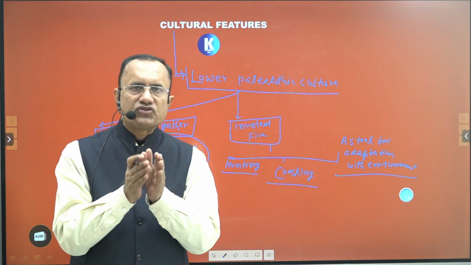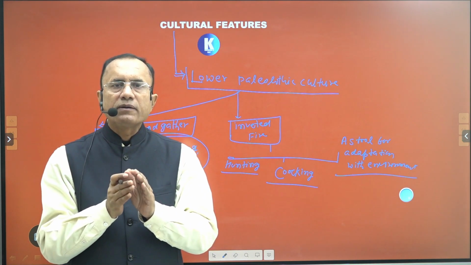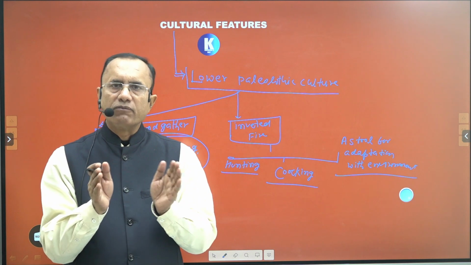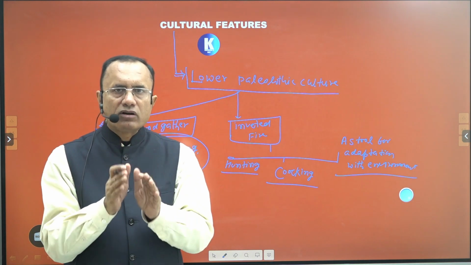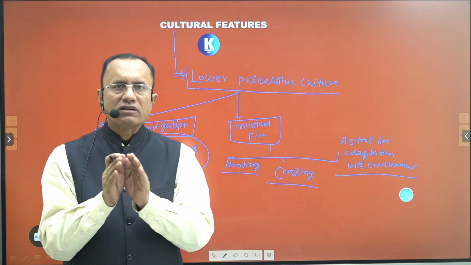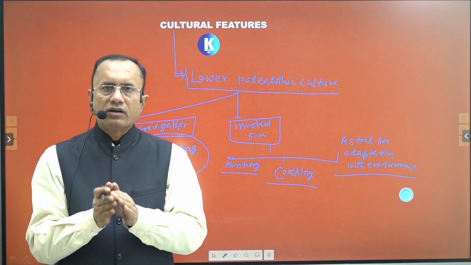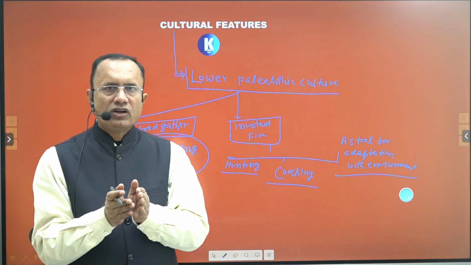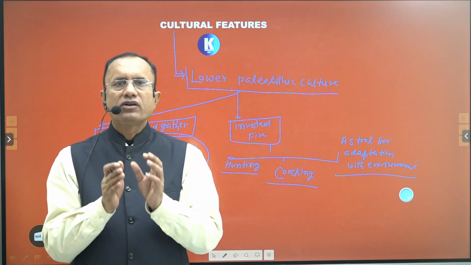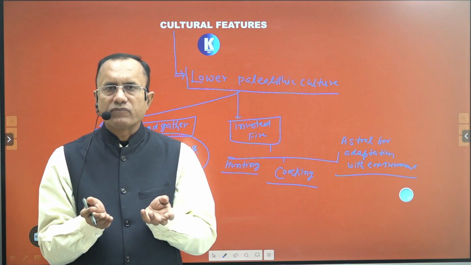So, he used fire for the adaptation with different environment, and because he was able to survive in hot as well as cold climate, it has a very important role for the evolution of man, right?